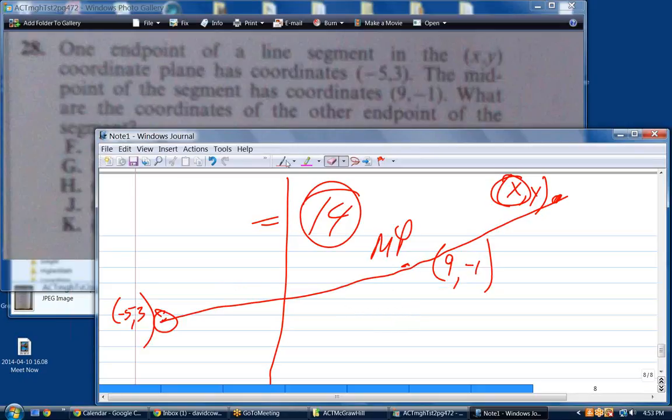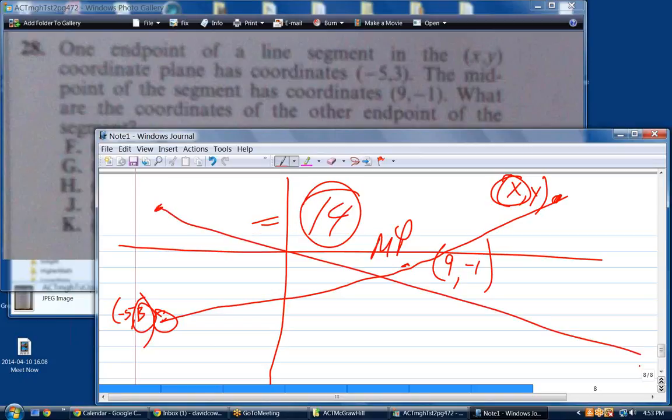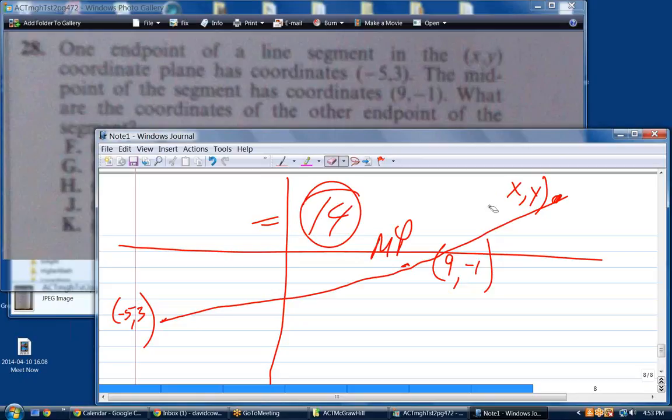Let me just redraw the x-axis and then it'll be right. Make sure you go in the right direction. You're going from a positive number. In fact, I drew this point wrong. It should be up here. In fact, my line should have looked like that. Doesn't matter. Even if my picture is wrong, you can see that we're going from a positive 3 to a negative 1, so we're going down. So we have to go down a further 4 points. So you were right your first time, minus 5.